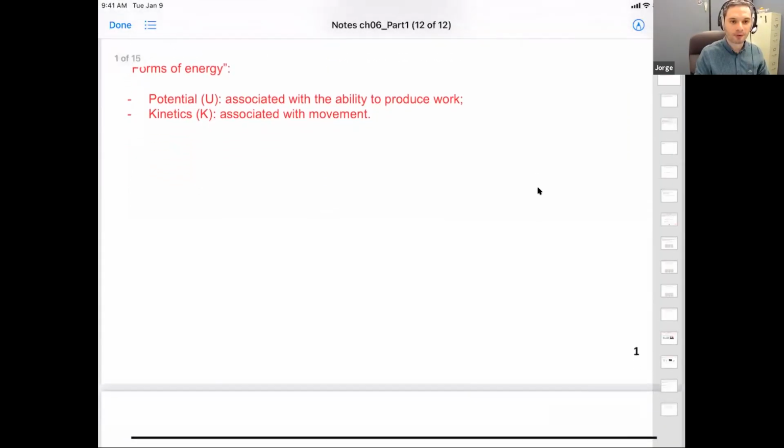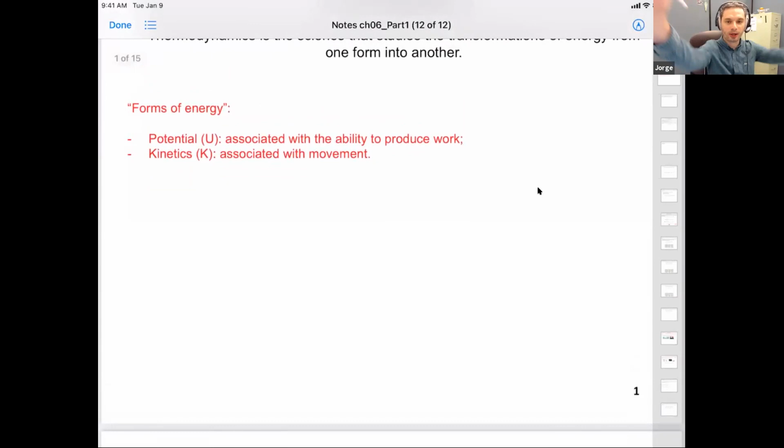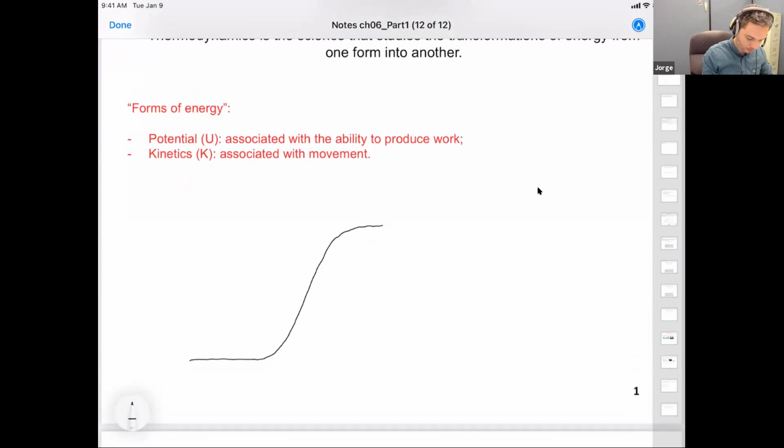So let's give you an example here. Let me switch screens. Okay, we defined here potential energy and kinetic energy. And here the classic example is when we move a ball from the ground all the way to the top of the hill.